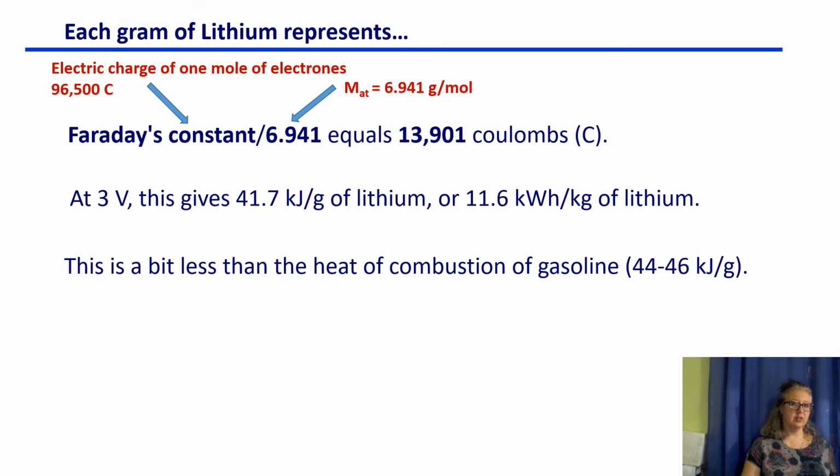At 3 volt, this gives 41.7 kilojoule per gram of lithium, or 11.6 kilowatt hours per kilogram of lithium. This is a bit less than the heat of combustion of gasoline, which is equal to 46 kilojoule per gram.